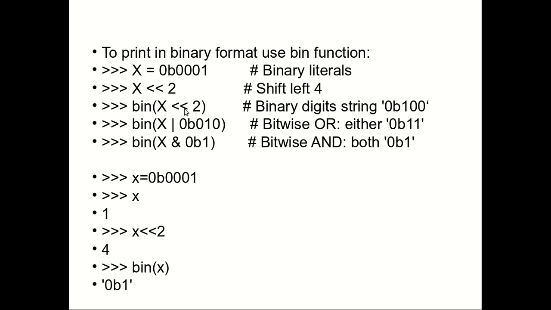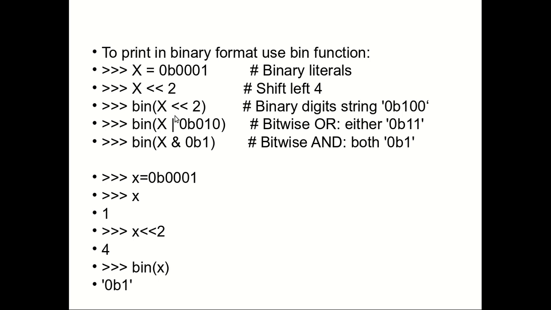Some more examples. Let's say x is a binary number, x equal to 0001. Then we do the left shift by 2. So what happens here? We can print and see the binary output of this, which is going to be 0100. It is shifted left 2 times.